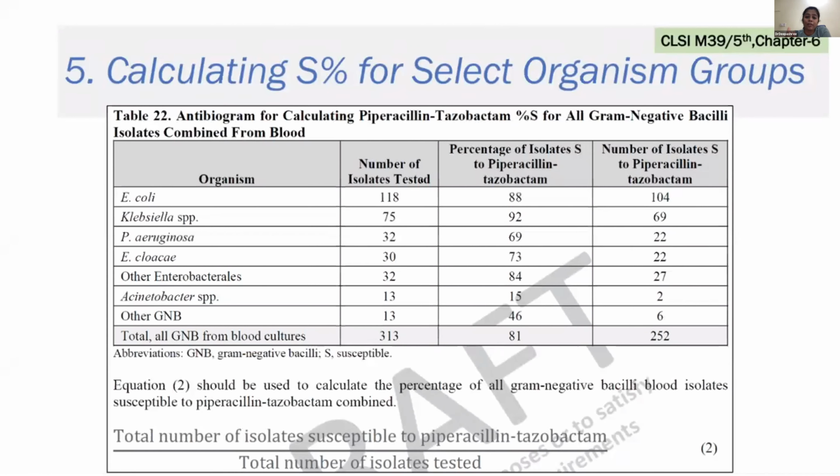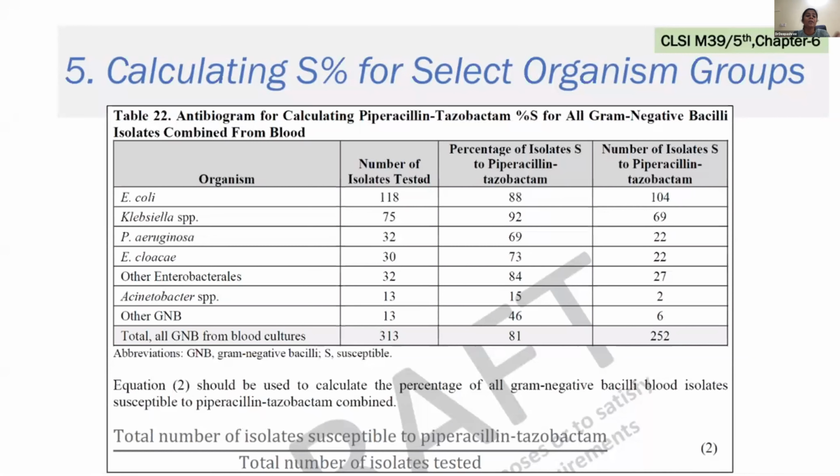For every drug, in this example you can see here, you are telling the clinician, if it is a GNB, what is the percentage of isolates that are susceptible to piperacillin tazobactam. So it is based on the gram stain and on the drug, not on a particular organism and particular antibiotic.